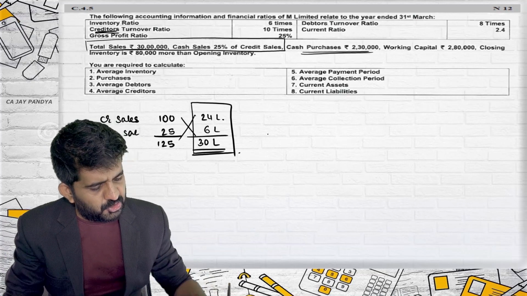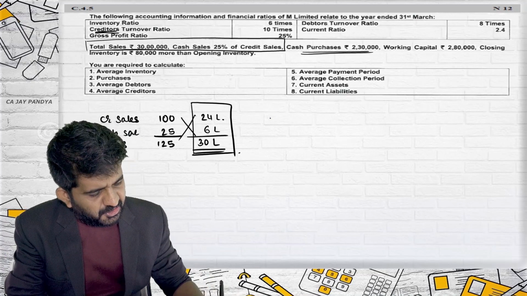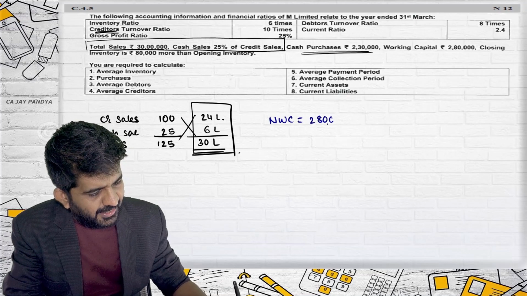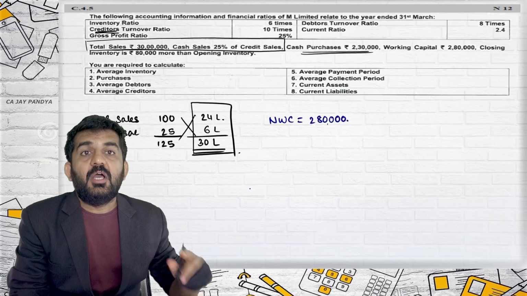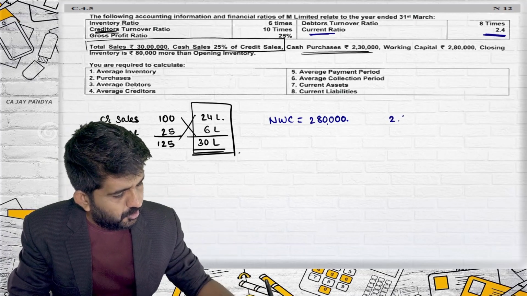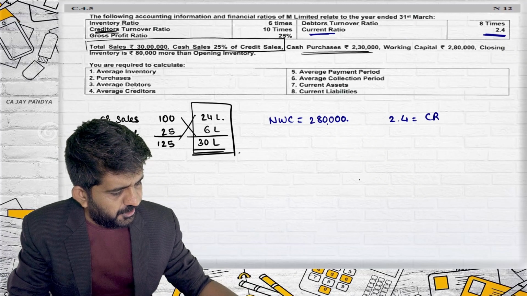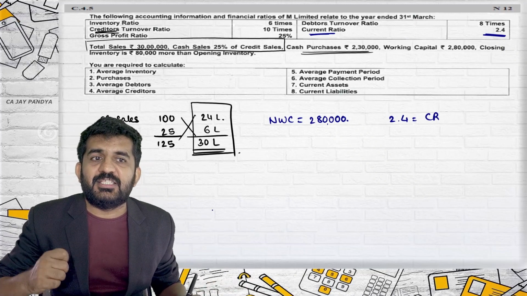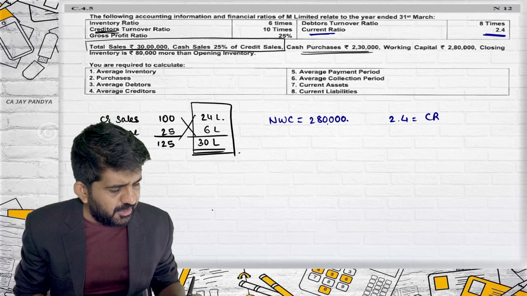Working capital is 2,80,000. Whenever it is written working capital, it is net working capital. Are we having current ratio? Yes, 2.4 is the current ratio. If these two pieces of information are available, you can easily find out current assets and current liability.